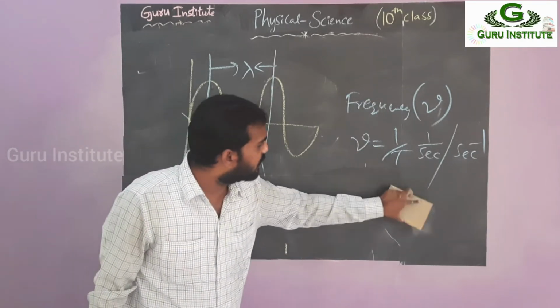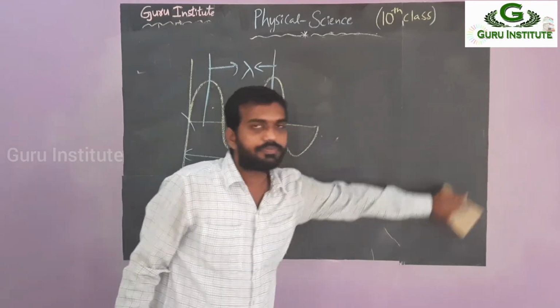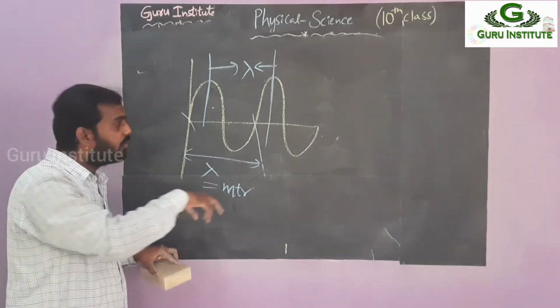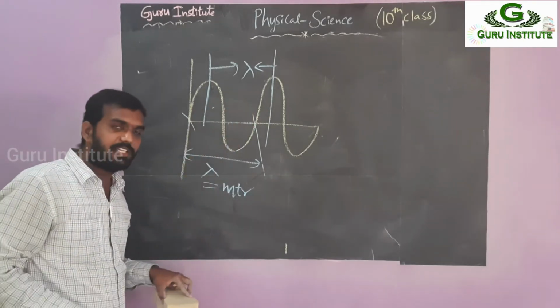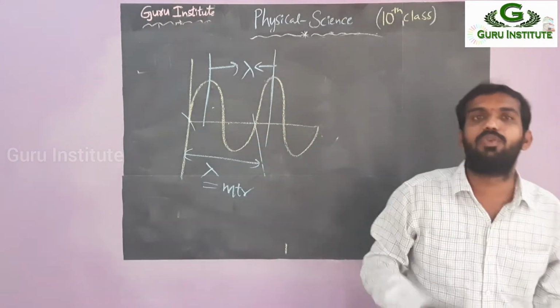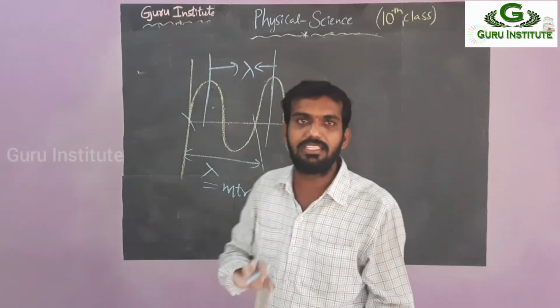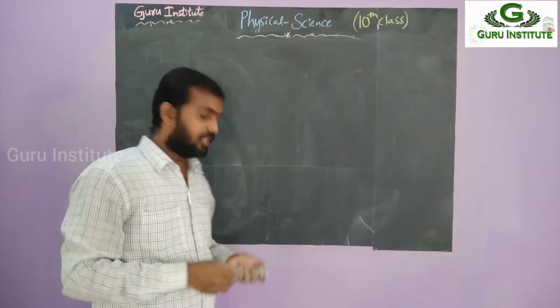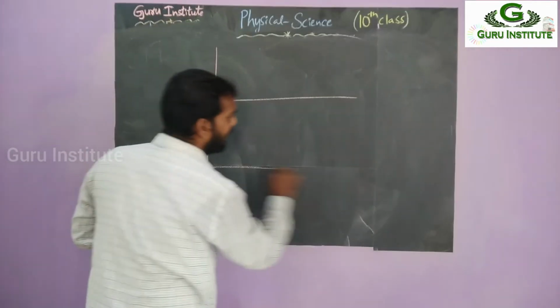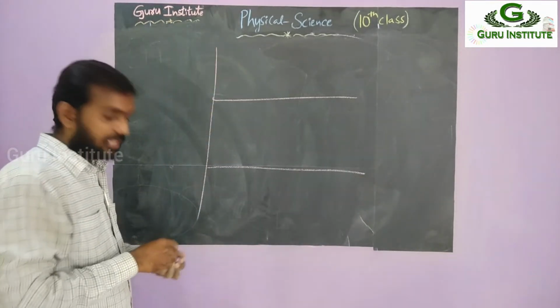Now we have to see the relation between these two. The wavelength is the length between the first and last point of a complete wave, the two peaks. And frequency means the number of vibrations in 1 unit time, or the number of completed cycles in 1 unit time. Now see one more graph here, with two waves, so you can observe the relationship between wavelength and frequency.